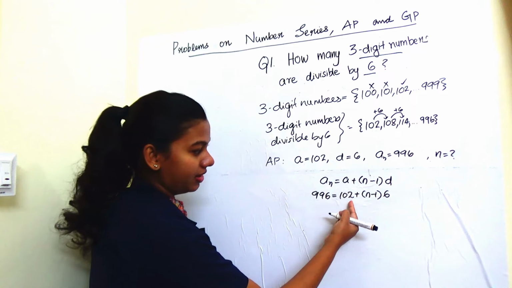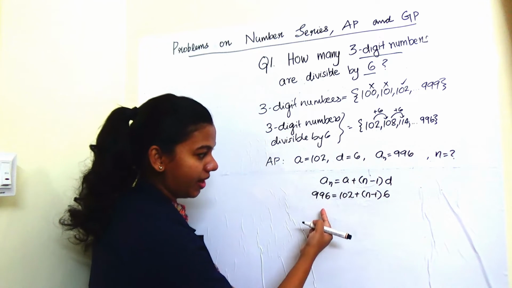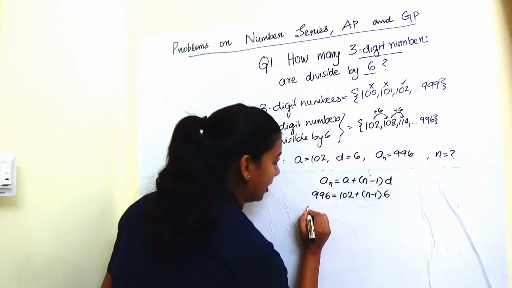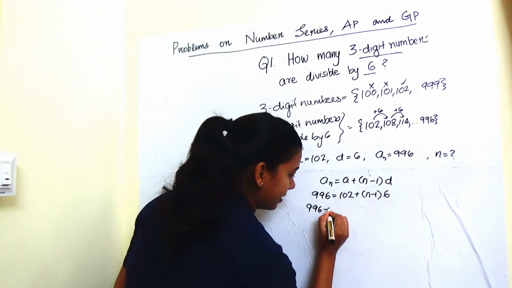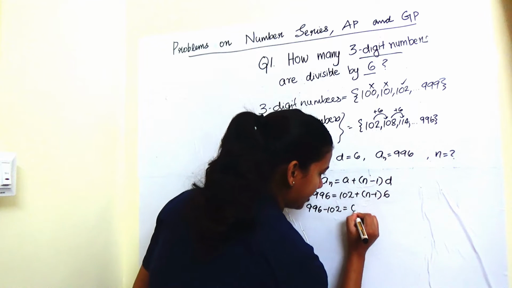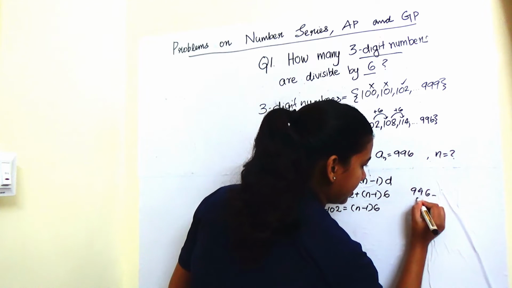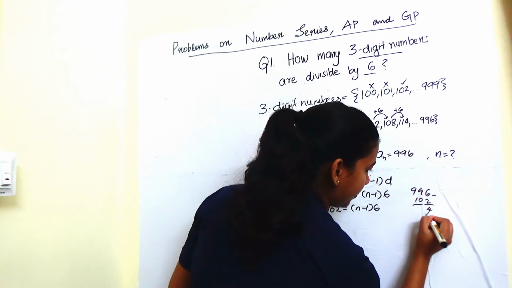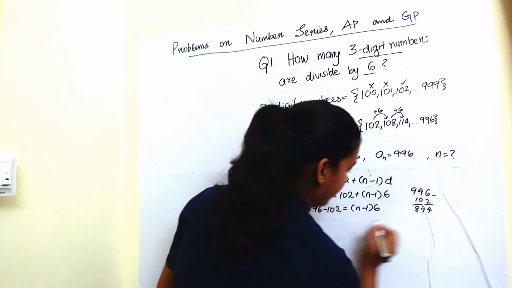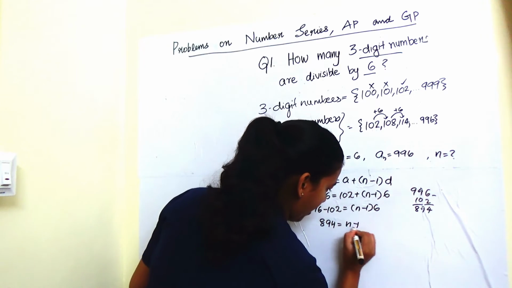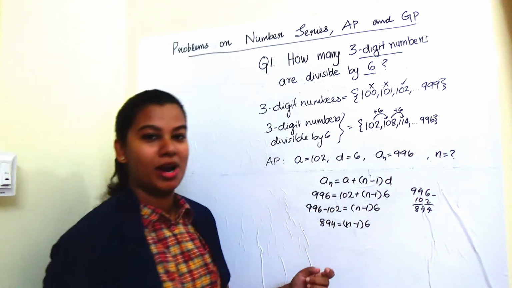Now I can bring this 102 from the RHS to LHS. This plus 102 will become minus 102. That is 996 minus 102 equals n minus 1 into 6. 996 minus 102 is 894 equals n minus 1 into 6.